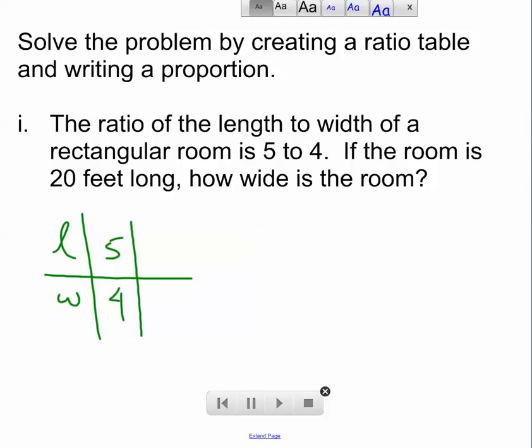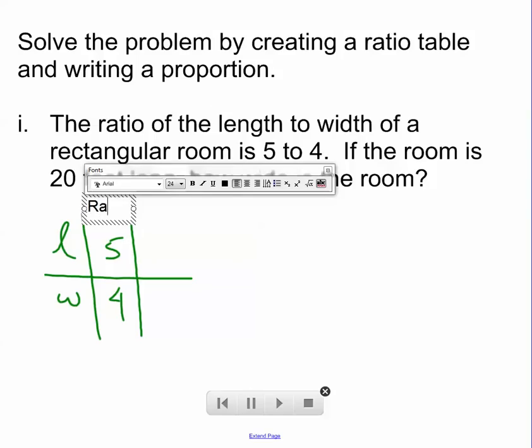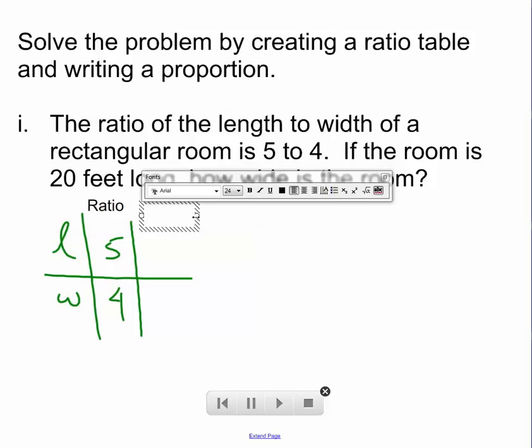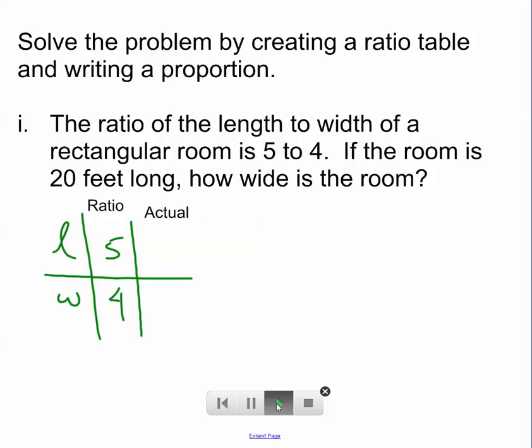Some might label this ratio right here, and some might label this actual. The actual length is 20, so what is the actual width?